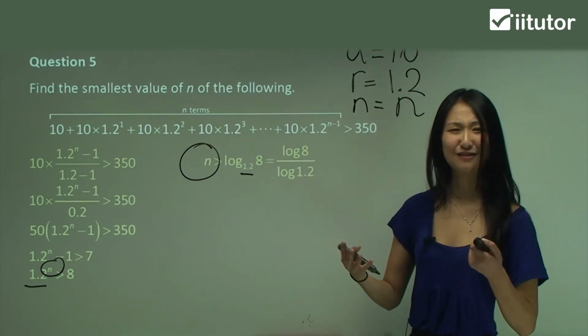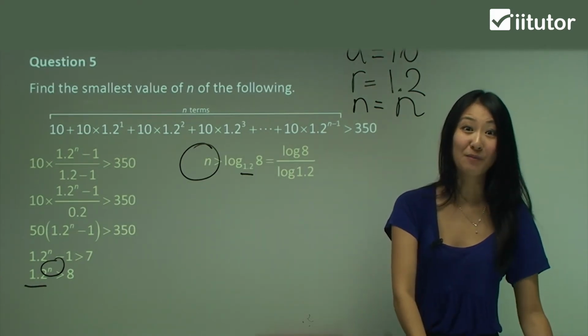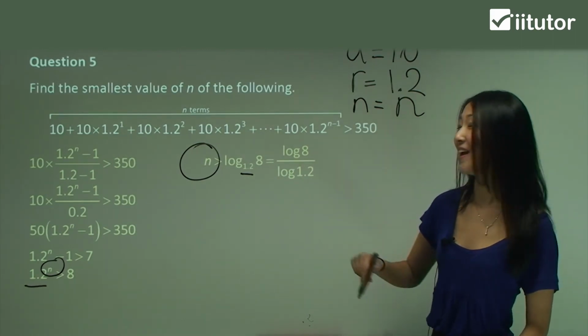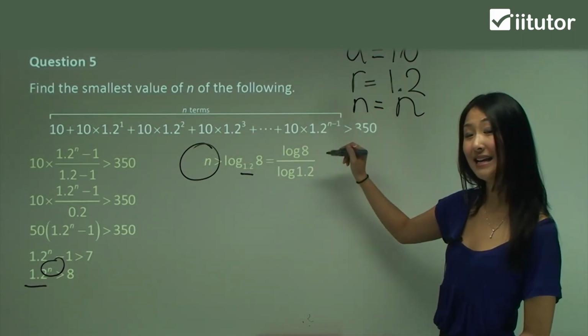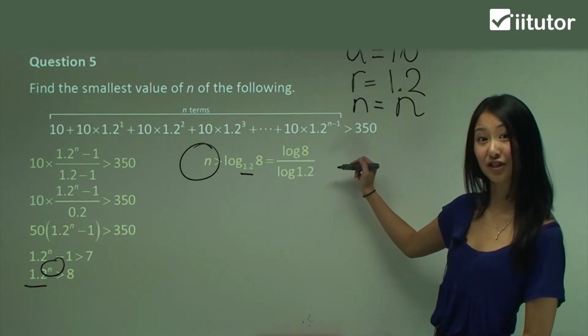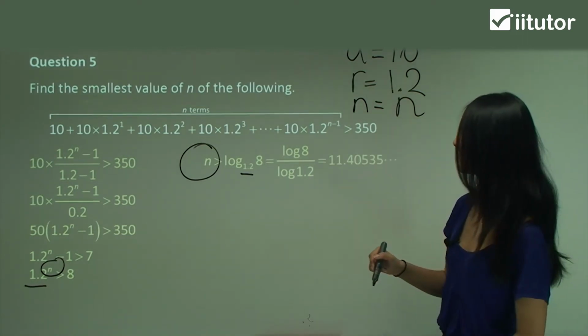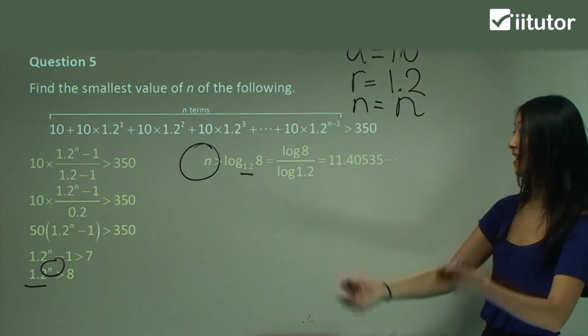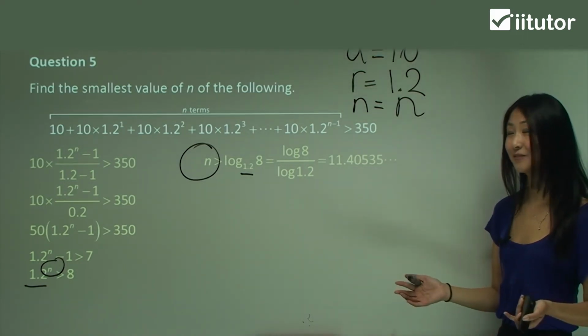Yeah, so that's easy to remember. The base is always on the bottom of everything. That means your 8 goes on top. So you can just put log 8 divided by log 1.2 into your calculator, and you should get 11.40535, etc. as your answer.